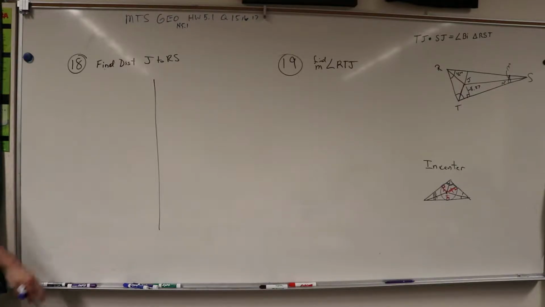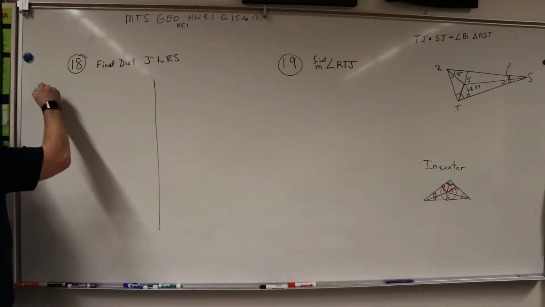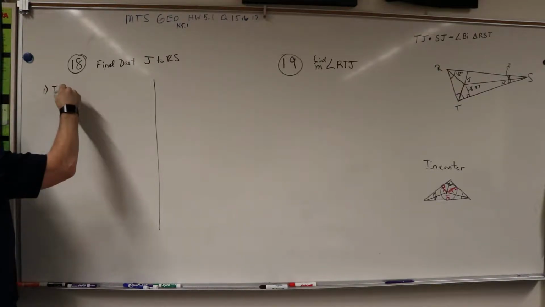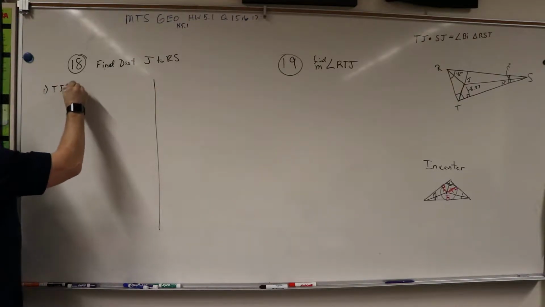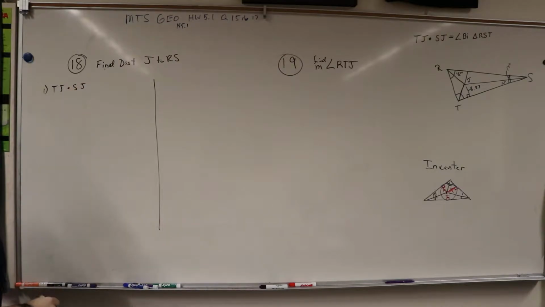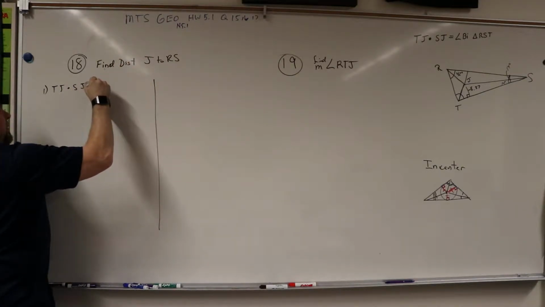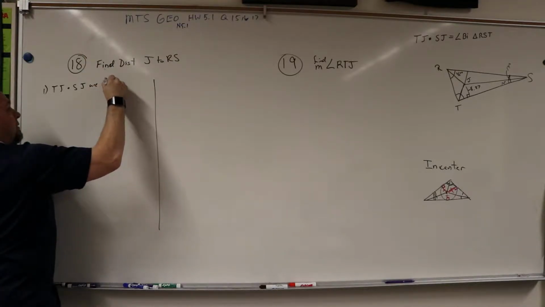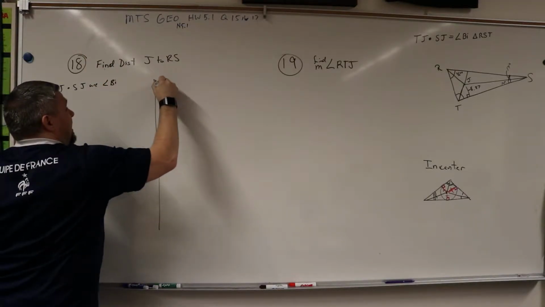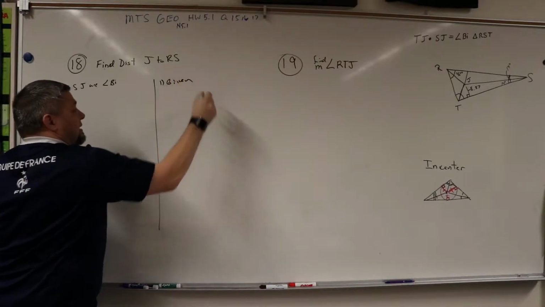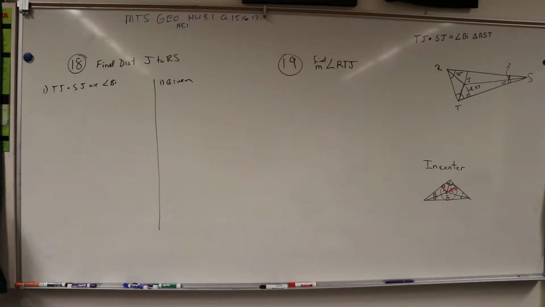And it's really easy. They gave us TJ, right? So we just say TJ and SJ are angle bisectors. And that's given. That's not bad. With that known, there's some things I know about that.